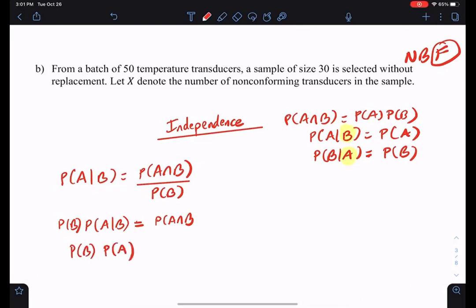That's the reason we said that the probability of A times the probability of B is the intersection. So these are the definitions of independence.